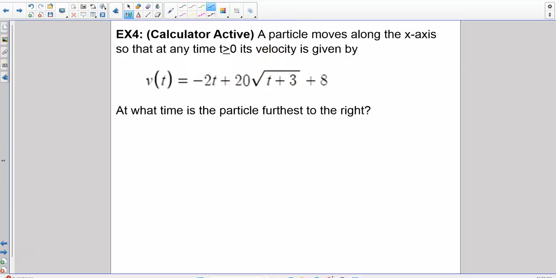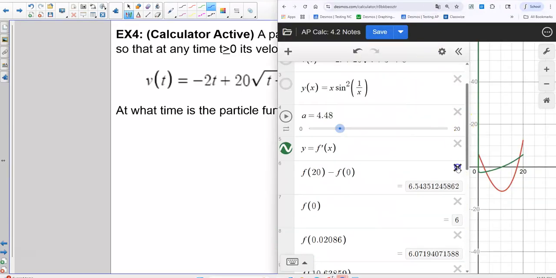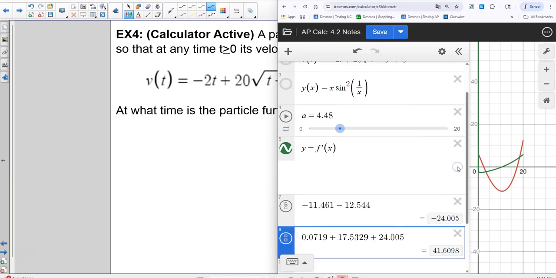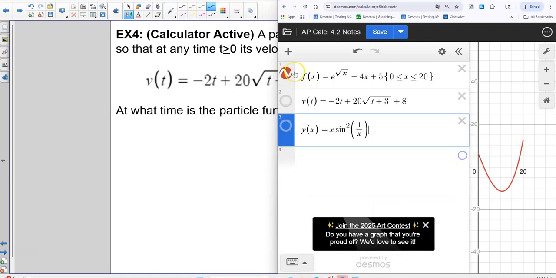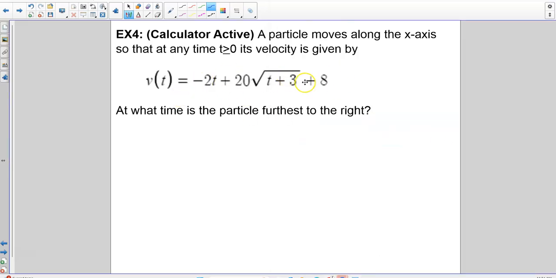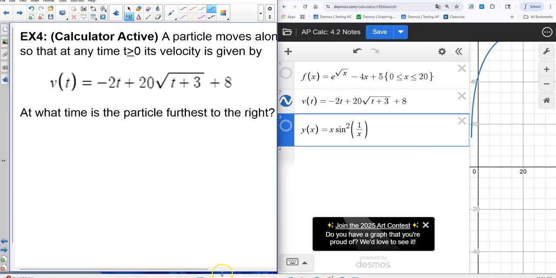All right, so this is calculator active. I think I already have this over here on Desmos too. Let me get rid of a lot of this stuff that we were doing. Okay, so we've got v of t is our velocity, and our question says, at what time is the particle furthest to the right?